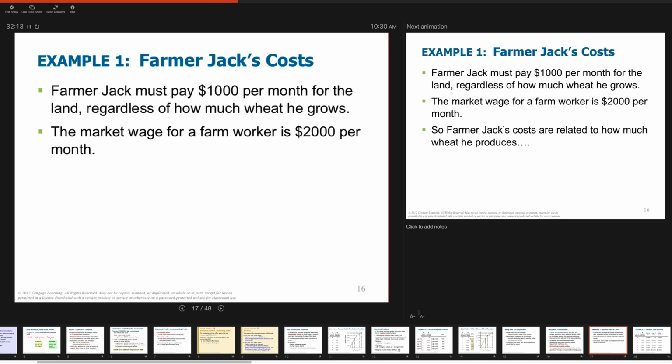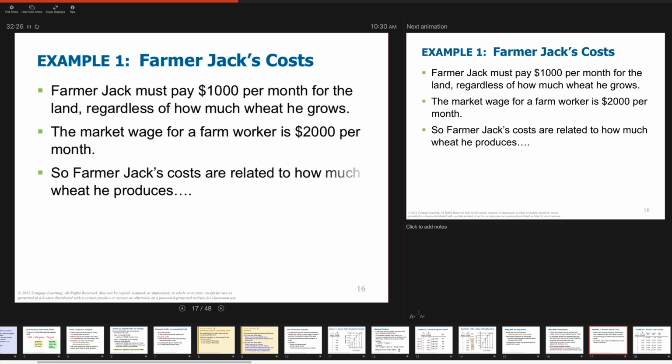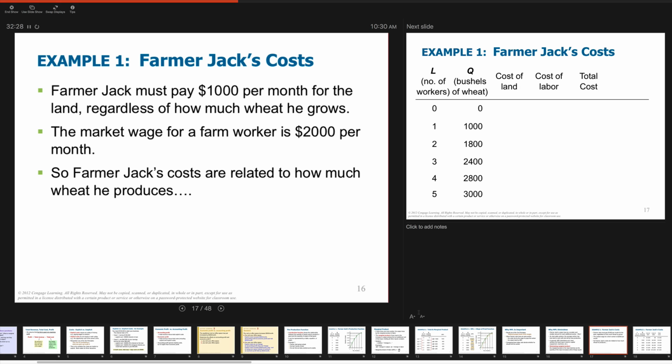All right. So the market wage for a farm worker is $2,000 a month. Ouch, right? So with one employee, Farmer Jack's fixed explicit costs are $3,000 a month. So his costs are related to how much wheat he produces.